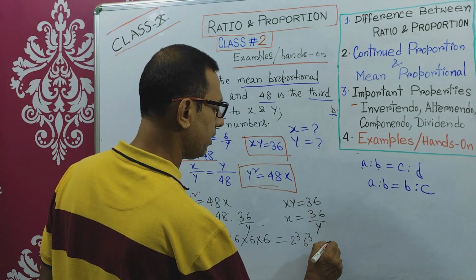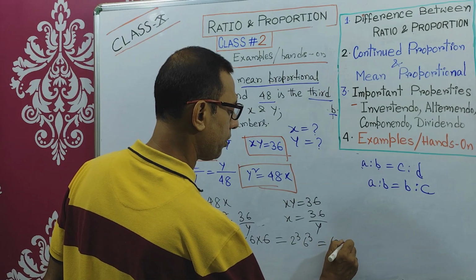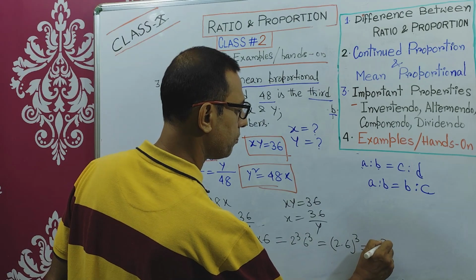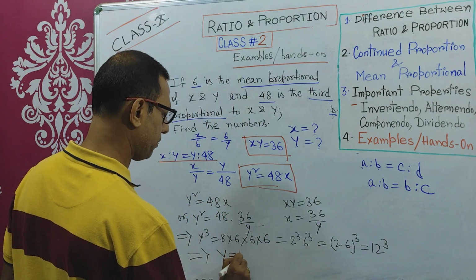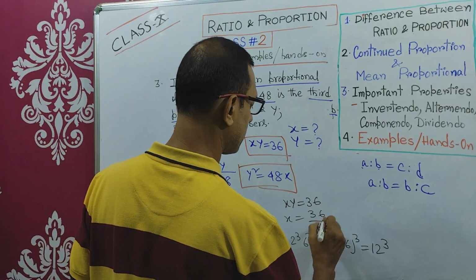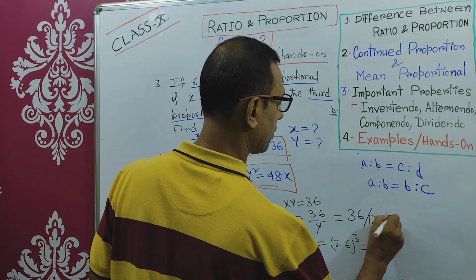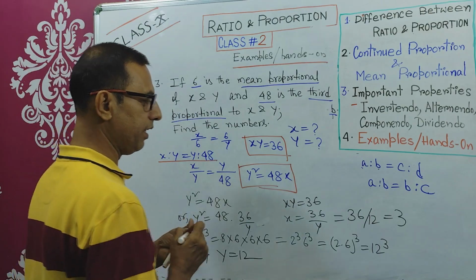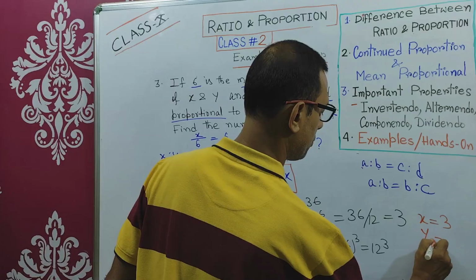That means it is 2 into 6 cube equals 12 cube. Therefore y equals 12. If y equals 12, what is the value of x? x equals 36 by 12 equals 3. So the final value is x equals 3, y equals 12.